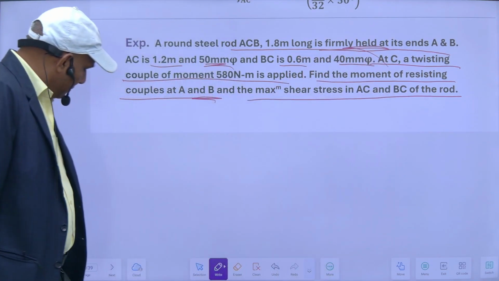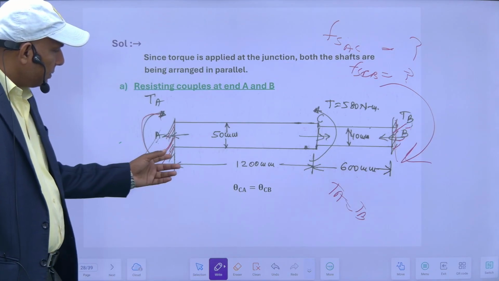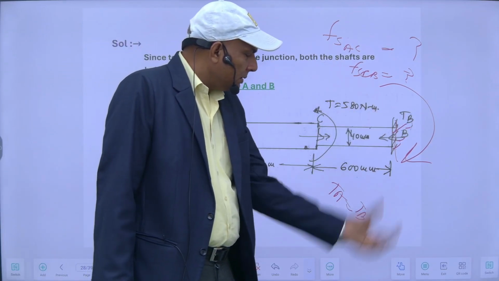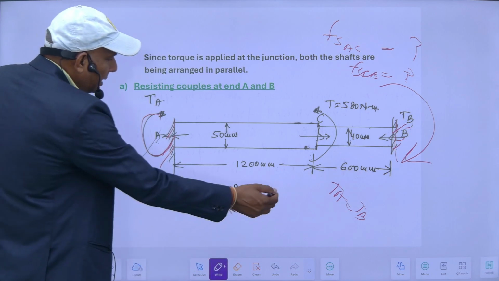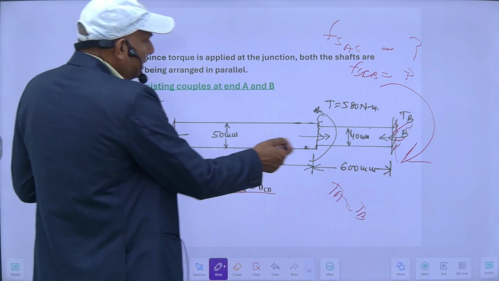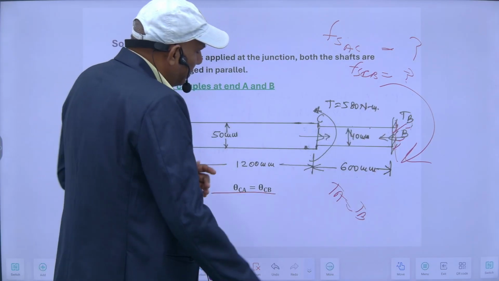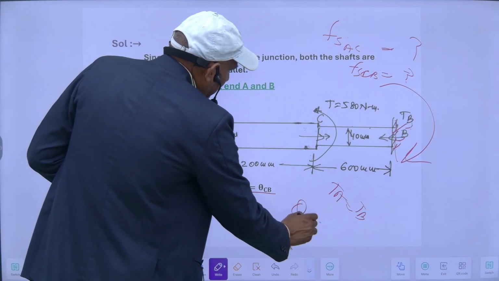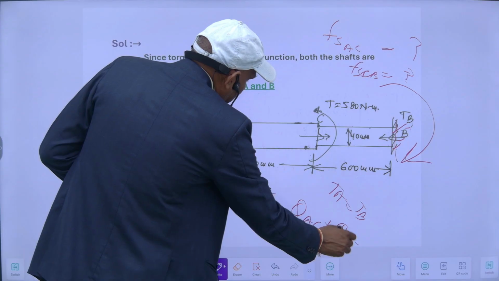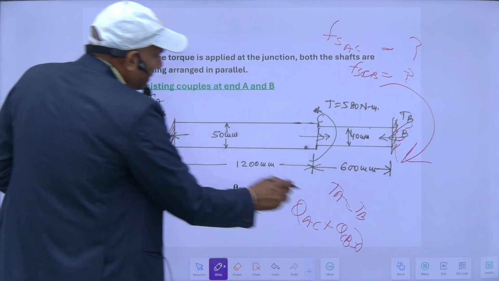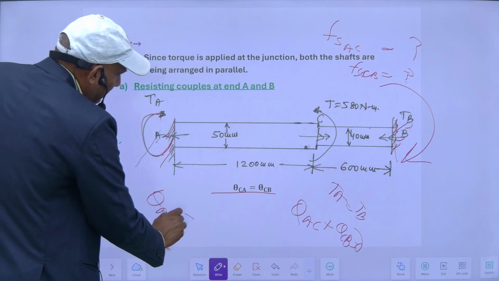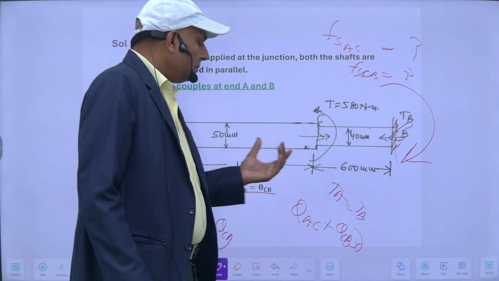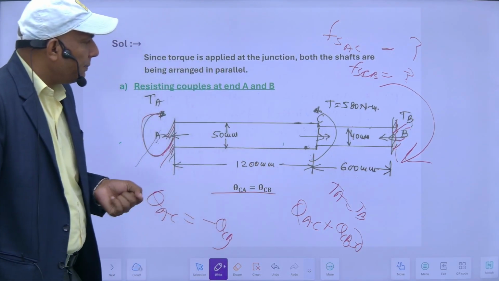It means my angle of twist here is 0. So theta of this portion plus theta of this portion is equal to 0. So this is one condition. Otherwise I can say theta of AC plus theta of CB is equal to 0, and that can be only when theta of AC is equal to minus theta of CB, meaning they are equal and opposite. So this is one condition, that is the condition of compatibility.